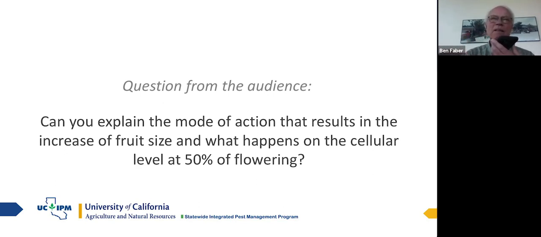It has impacts on cell division and cell elongation. It breaks dormancy in seeds. Is it accelerating the pollen tube growth, so that it can reach the ovule faster? I don't know, and I asked Carol that, and she said she didn't know either. So I don't know. How's that for an answer?